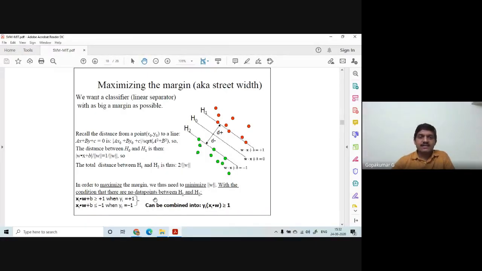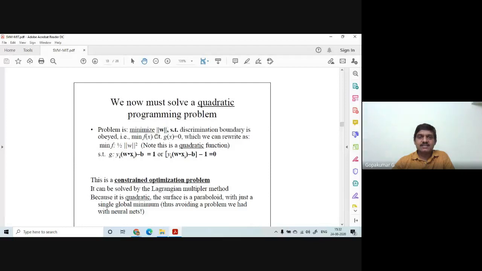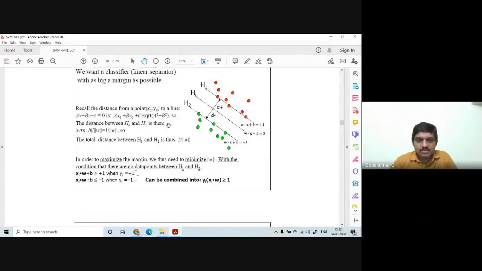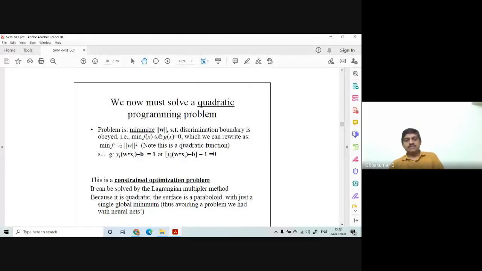And we have to minimize that modulus of w, because we have to maximize this particular distance. So it's actually minimize modulus of w, and the same can be represented mathematically. It is a constrained optimization problem, and there is a constraint.